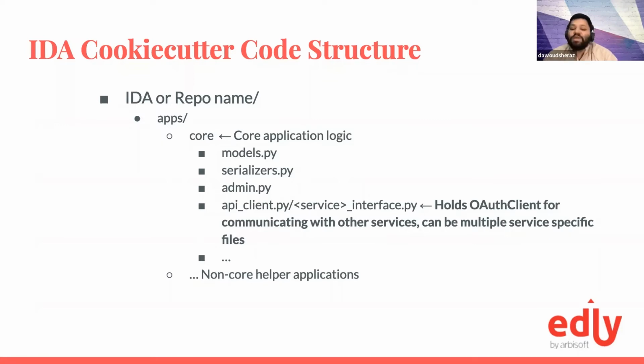So if there is an api_client directory and there are multiple resource or services files, that means that the IDA is communicating with multiple IDAs or the platform. And then there can be non-core helper applications depending upon the complexity of the IDA, but that is the general coding pattern of the IDAs.